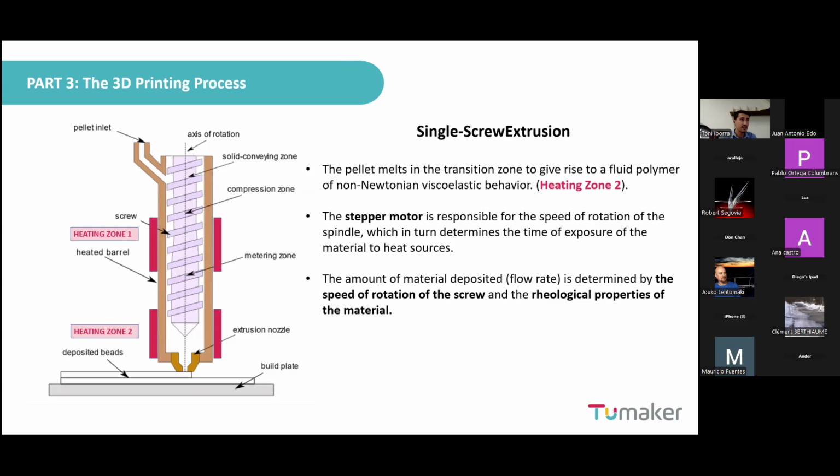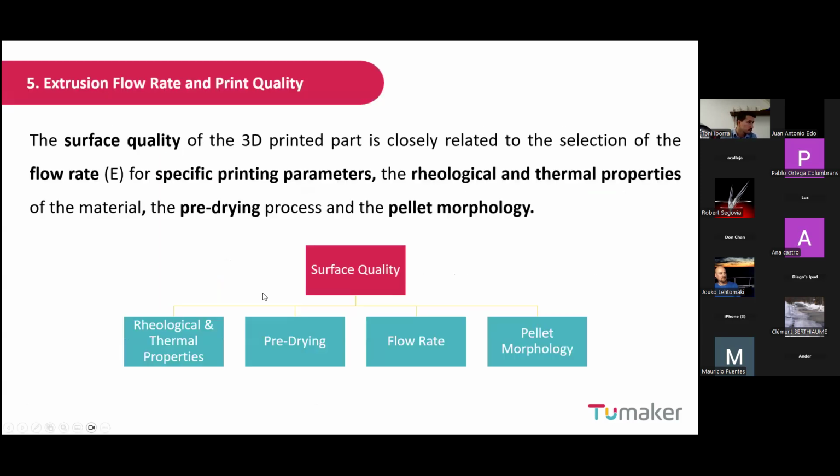However, the main challenge that we experience when doing pellet 3D printing is that we need to use a multiplier because our feedstock is not filament. We are using pellets, so we need to use a multiplier in order to adjust the flow rate. This is a value that we typically obtain experimentally.